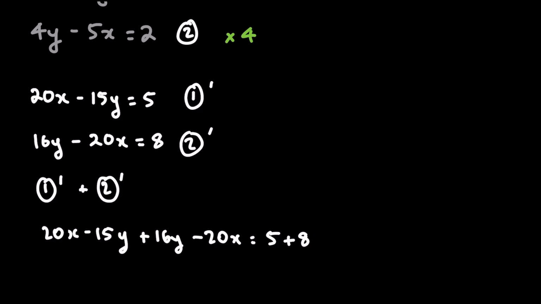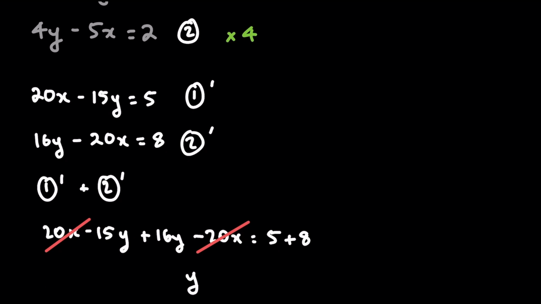And you can clearly see that 20x and minus 20x eliminate each other, and I'm left with just y. So y equals 5 plus 8, and that is simply 13. So that is my solution for y.